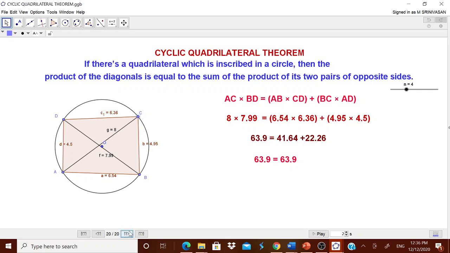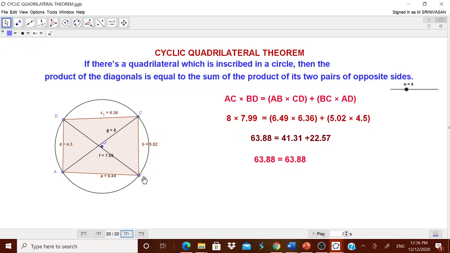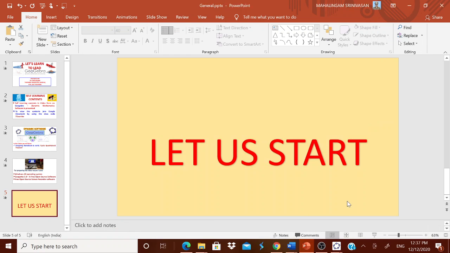We will tell them, and we are already told, that they are equal. Now a child can come and pull and push it and then check at all the places that the cyclic quadrilateral theorem holds good. Let us try to design this dynamic worksheet from scratch.